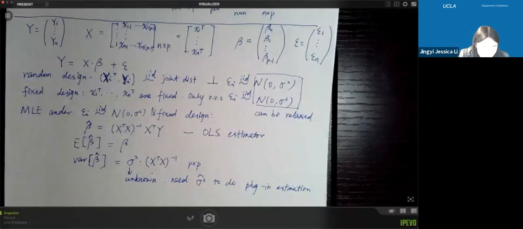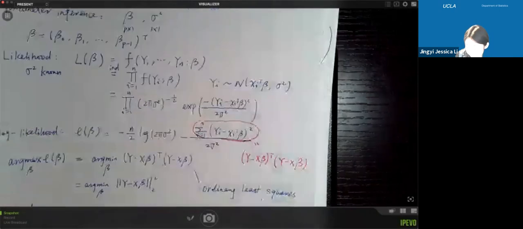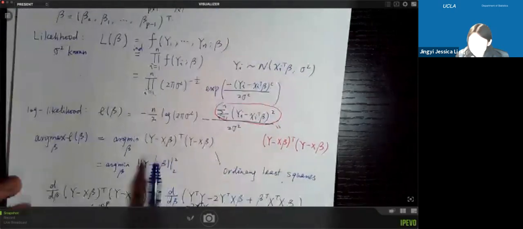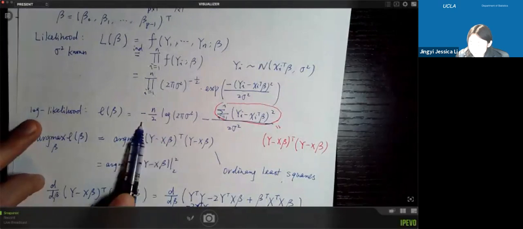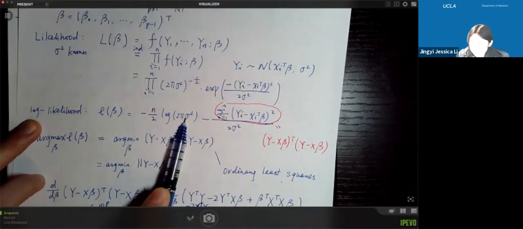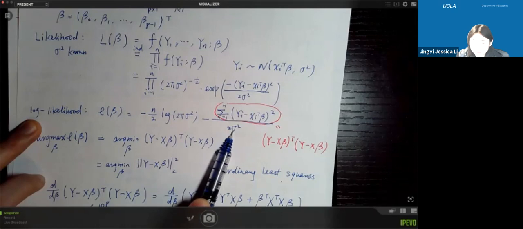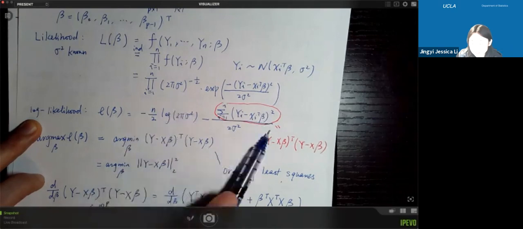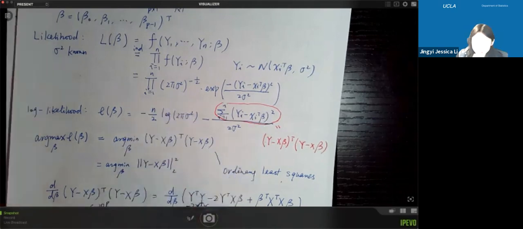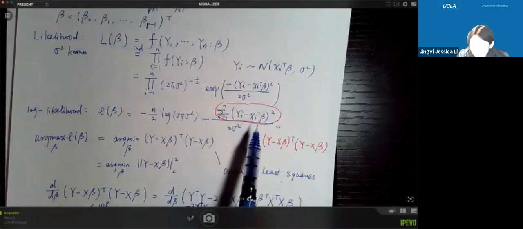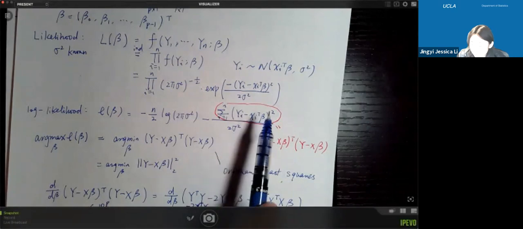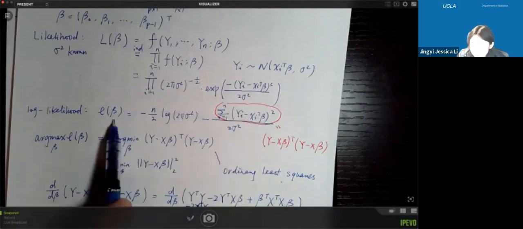So to do that, we need to come back to our log likelihood. Okay, so it's right here. And this is what we had in the log likelihood last time, right? We have sigma square in the first term and sigma square right here. And our goal is to find the sigma square to maximize this whole thing. It's not easy to show that, since here we have two things to find as maximizer: one is beta, one is sigma square. We need to find them to jointly maximize the log likelihood.